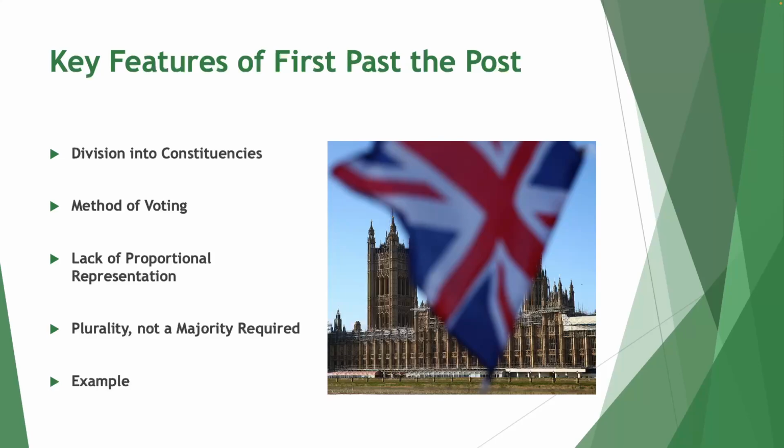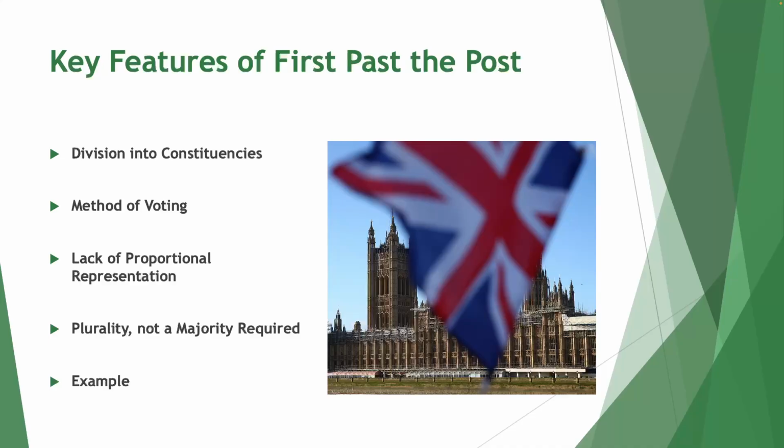Now, let's say that candidate B in that example, the one that got 35% of the vote, belonged to a party where this happened across all 650 constituencies. Let's say, in a hypothetical scenario, in every single constituency, the candidate B party got 35% of the vote, and the candidate A party got 45% of the vote.